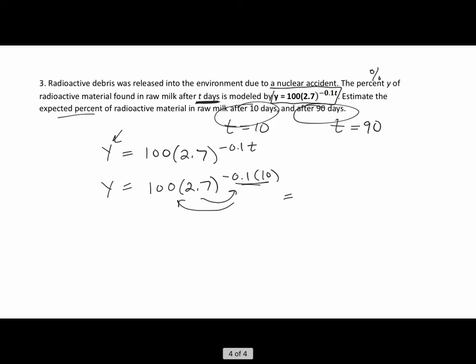That's the order of operations there. Or if you're doing the graphing calculator, you can put it in just the way it is. And this should get you 37.037. It doesn't tell us to round. It says estimate. So an estimate would be about 37% radioactive material in raw milk.